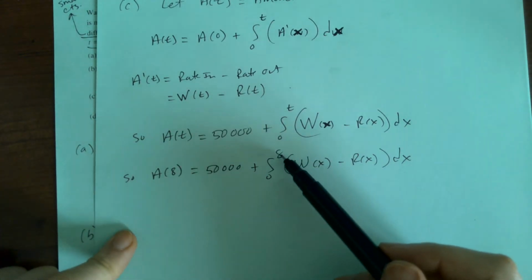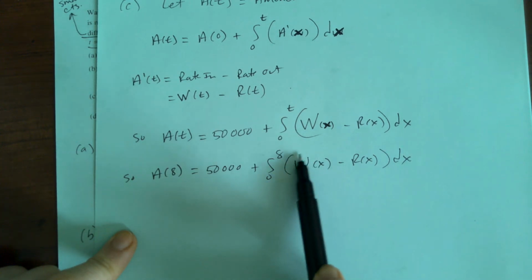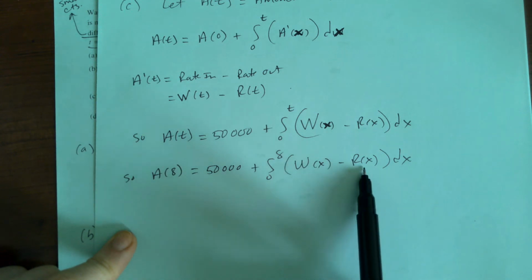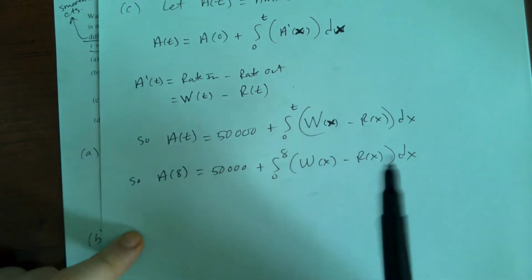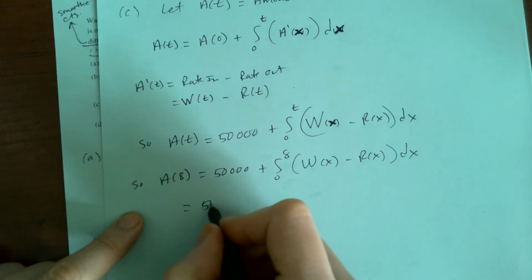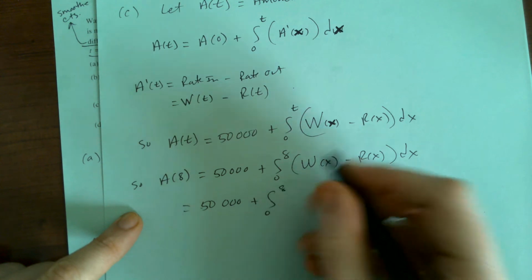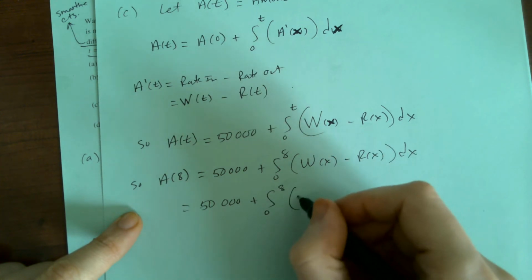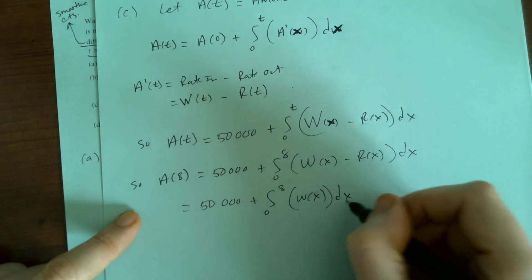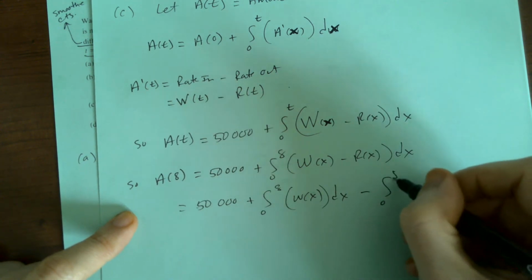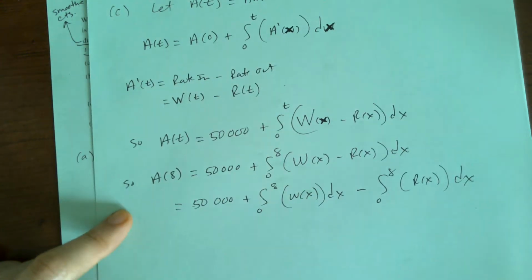Because we already know we're going to have to use math 9 for the integral of W of X, but they want us to use our estimate of the integral for R of X. So I'm going to split this up. And guys, I'm showing a lot of work, and it's not actually necessary.